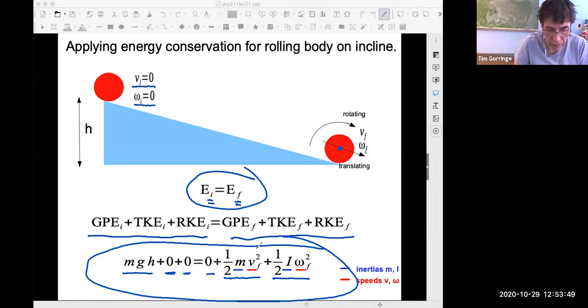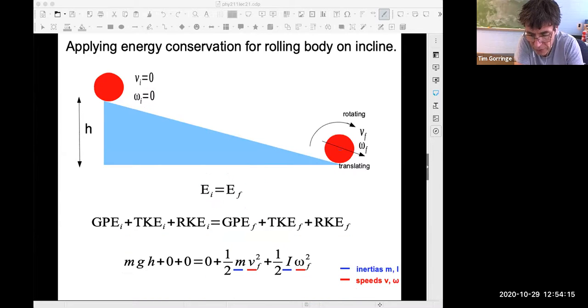We can't immediately solve this equation for the final speed, because we don't know the final angular speed, and we would have to know the moment of inertia of the object. So there are two things I've now got to do to this equation to allow me to solve it for the final speed. Let's go ahead and do that.